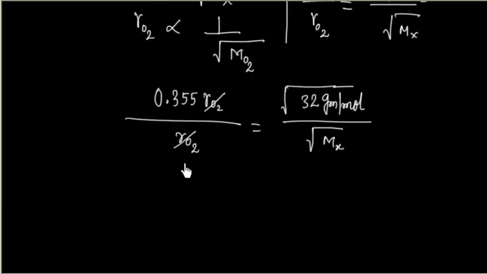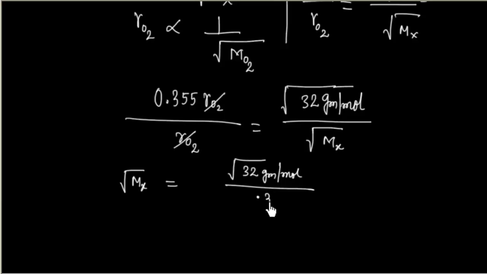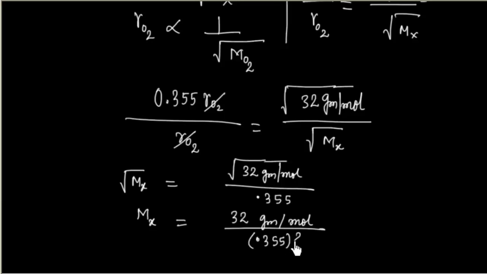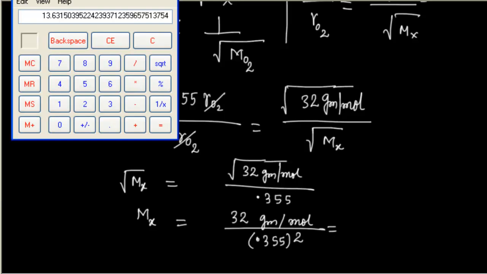So from here, the square root of Mx equals the square root of 32 gram per mole divided by 0.355, or if I square, I will have Mx equals 32 gram per mole divided by 0.355 raised to the power 2. So we can calculate this value.